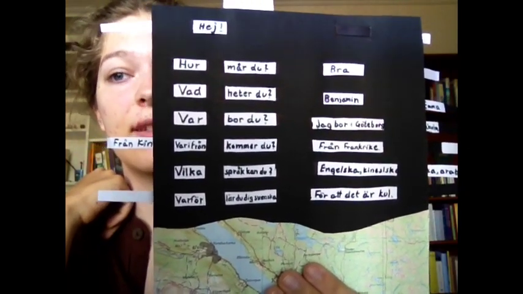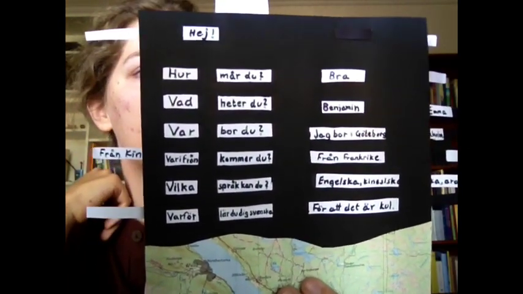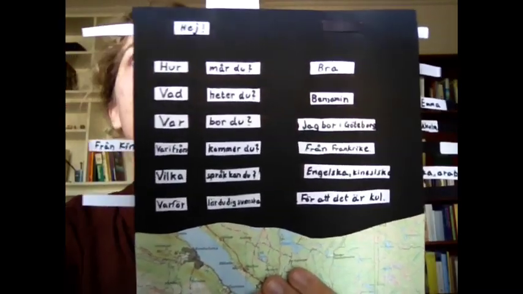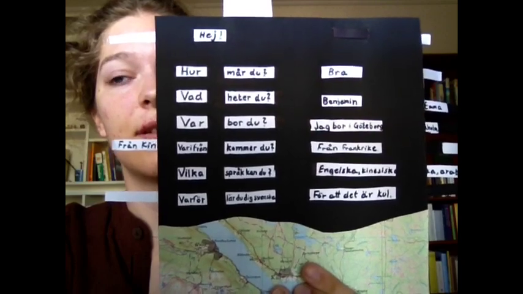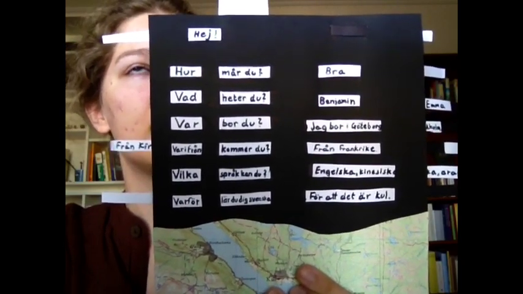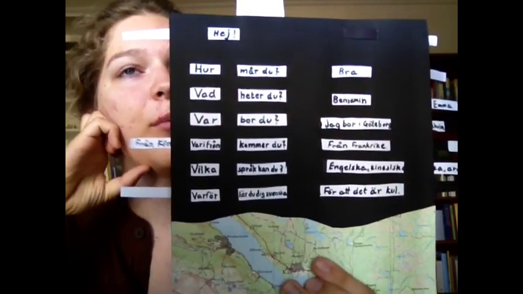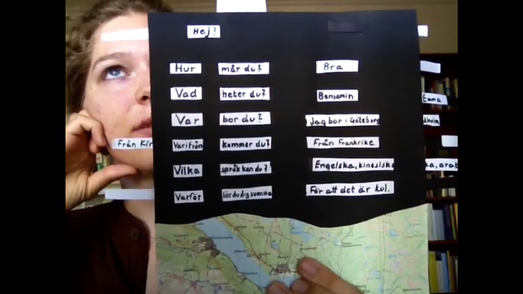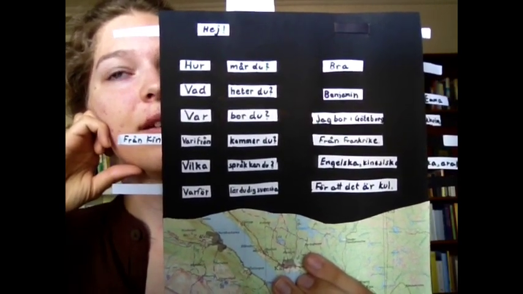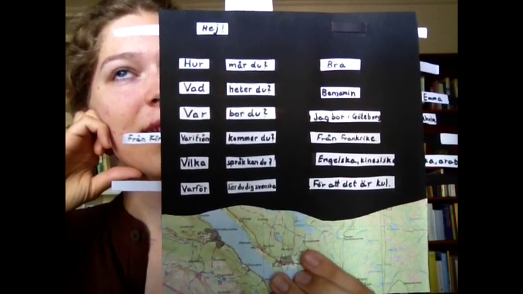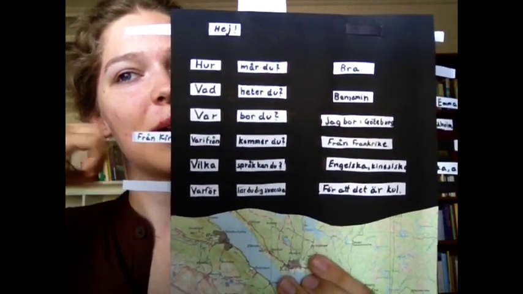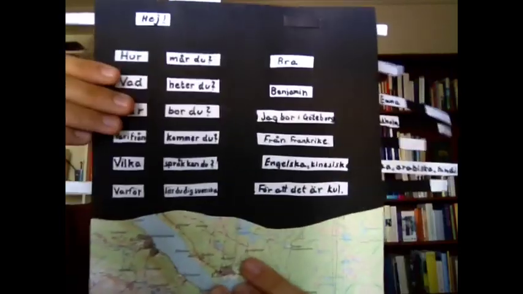And you say this in all situations. I mean, no matter how formal or informal the situation is. There are some other words for it, but some of them sound like you're from the 19th century or like you're stuck in the 80s or something. So, I mean, hej will always work.